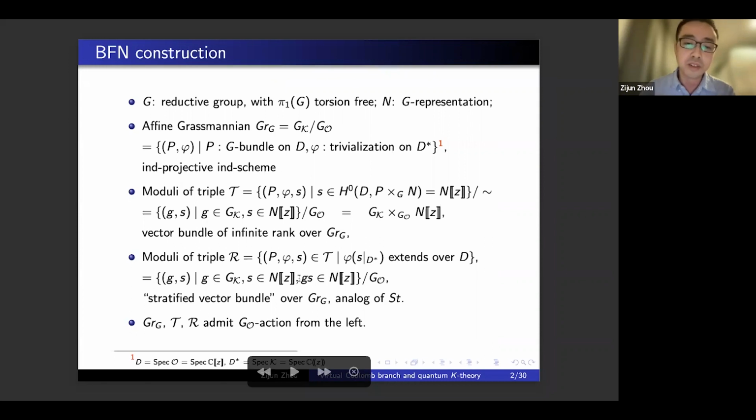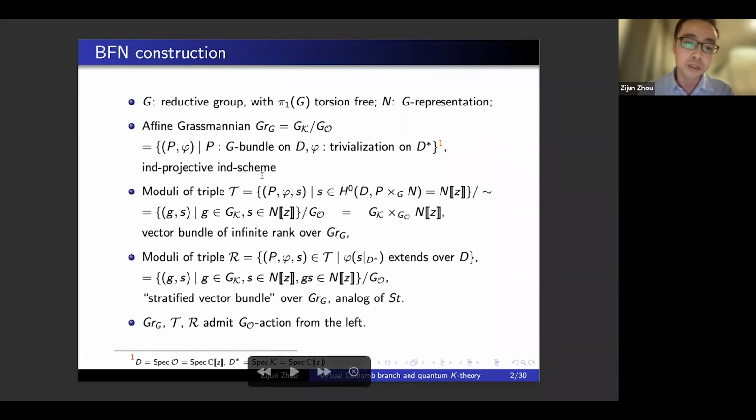And in this presentation, this condition is like this: the product of g and s also lies as a regular section of this bundle. And the space R is no longer smooth over the affine Grassmannian. And in BFN's construction, this is the analog of the Steinberg correspondence as in the Springer resolution.